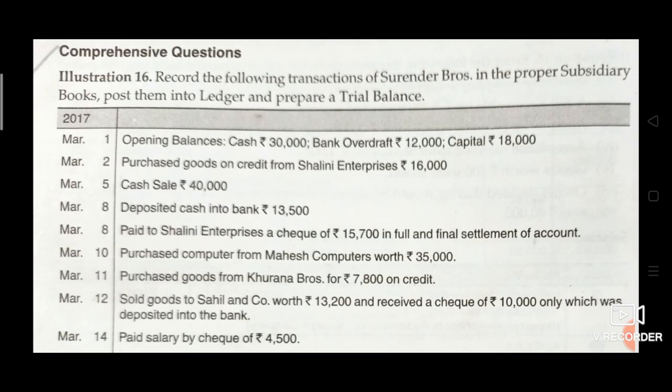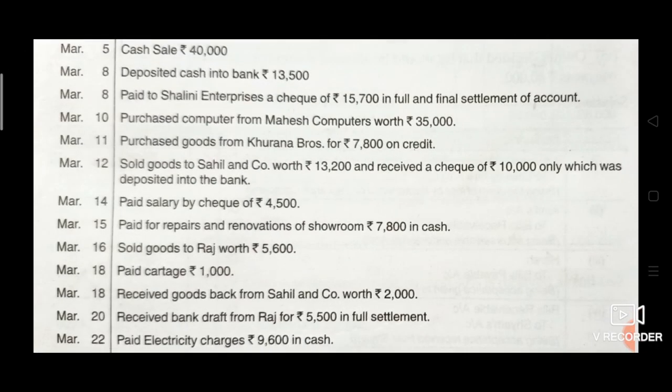Okay, so let's start now. We have to prepare cash book, that is double column cash book, purchase book, sales book, purchase return book, sales return book, journal proper. Then from all these books we will prepare various ledger accounts and post all these entries into ledger, and then from the balances of ledger accounts we will prepare trial balance.